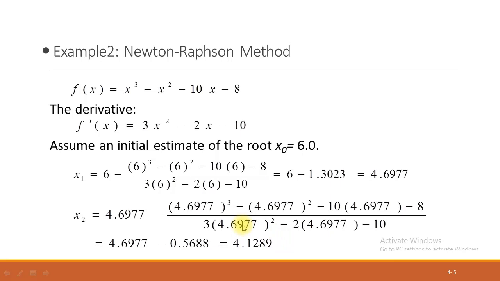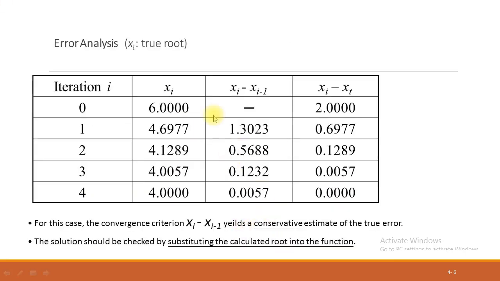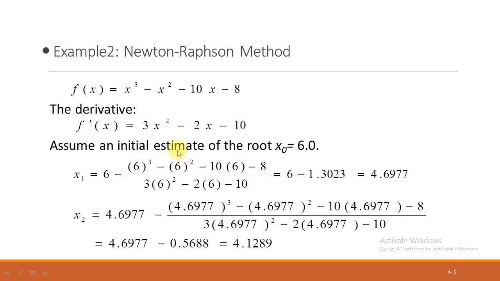Now to find the other roots x3, x4, suppose we have a table which is already calculated for you. This is the value of x0, this is the value of x1, this is the value of x2. You see here in the previous slide, 4.1289 is the value of x2.